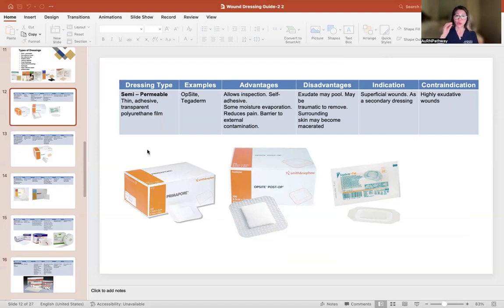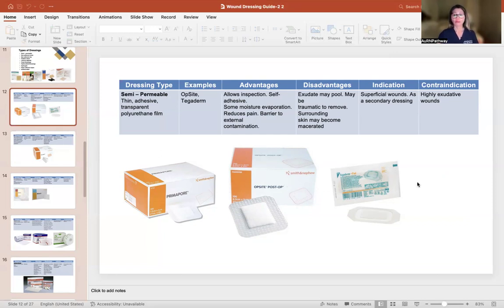It's low adherence, and usually good for mild to moderate exudates. Usually also used after a surgical wound, unless the patient has heavy to moderate or large exudates, right? So this isn't appropriate then.